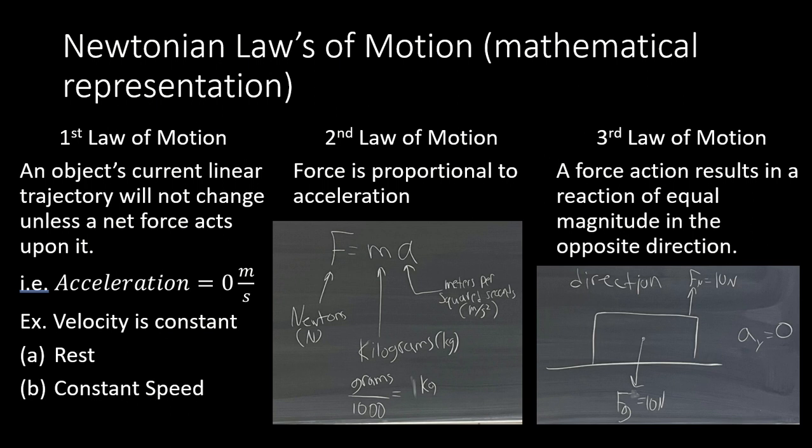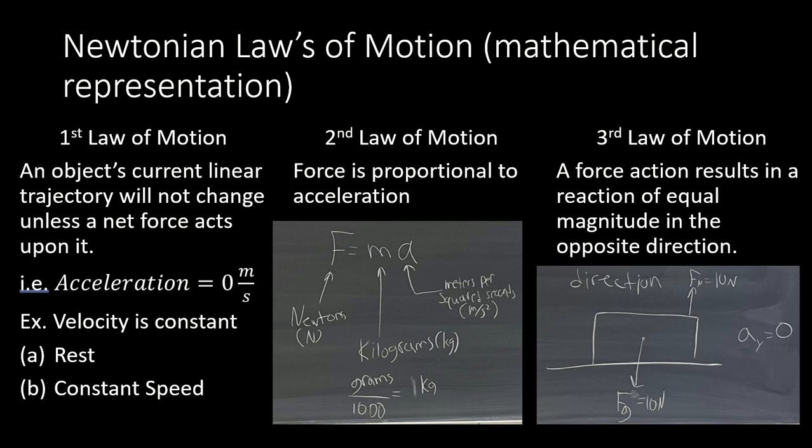If the object has constant velocity, say positive 5 meters per second in one direction, or constantly negative 5 meters per second in the other direction, the acceleration would still be 0 because of the slope. Therefore, there's no net force acting on the object, and whatever direction it's currently going, or if it's staying still, it will stay going in that direction.